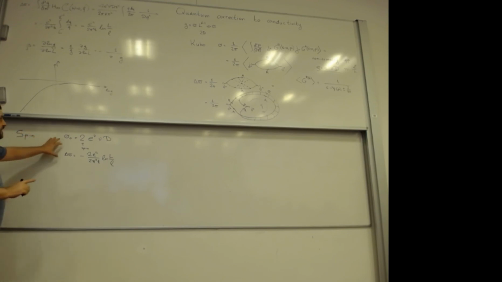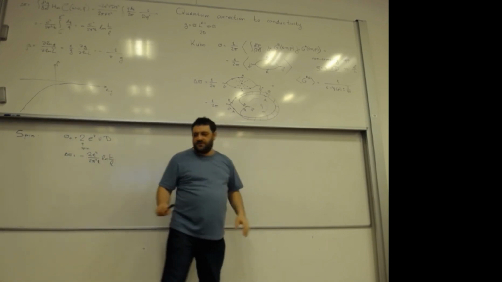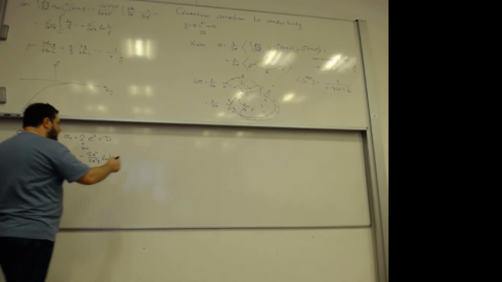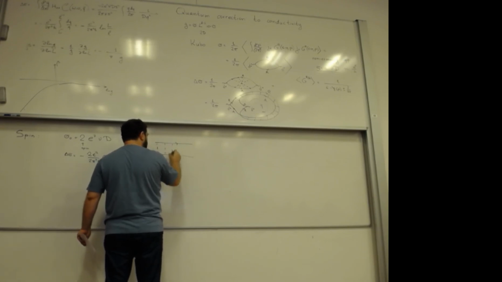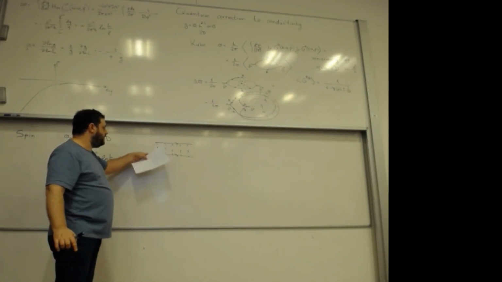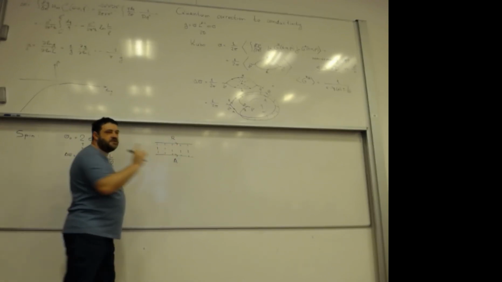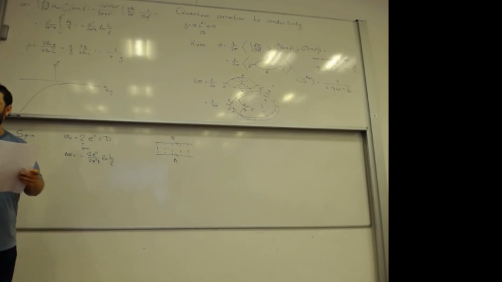Now, if I ask how this correction can be understood in terms of this diagram, it's very easy. We have a ladder, which was called Cooperon, a ladder, and now each line, the upper line and the lower line, carries some spin. So it can be a green function for spin up or for spin down. And the second one can be a green function for spin up or for spin down.